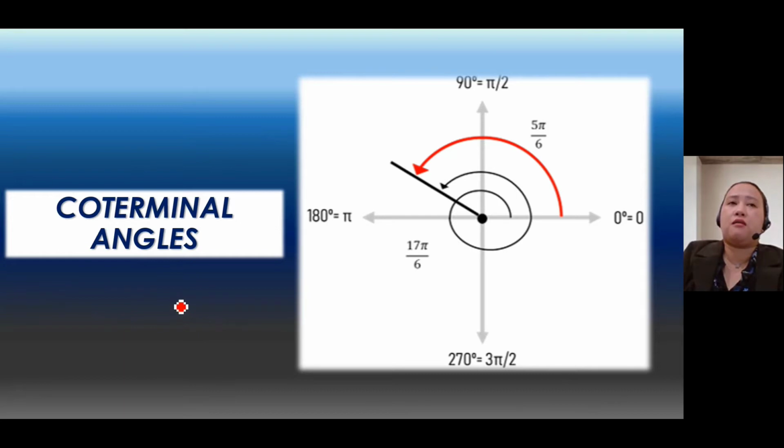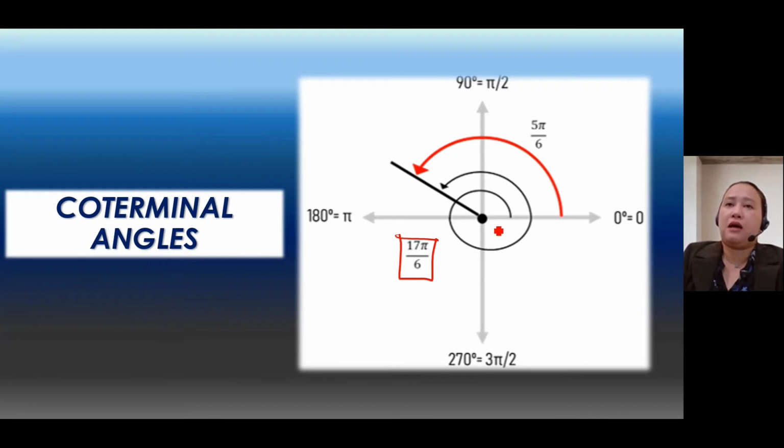Remember that in our discussion of degrees, in determining the coterminal angle, one way is to determine the angle with the same terminal side as the given, in which the coterminal angle will be of the opposite direction. Another way is having the same direction. With this, as you can see, the given here is 17 pi over 6.